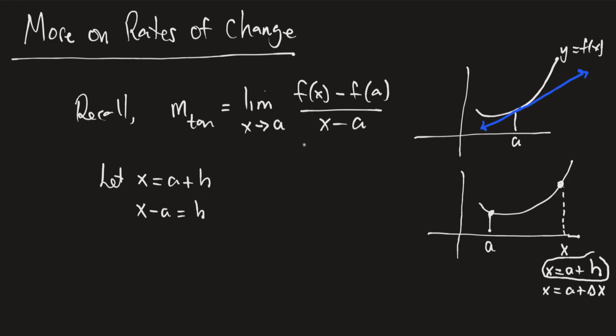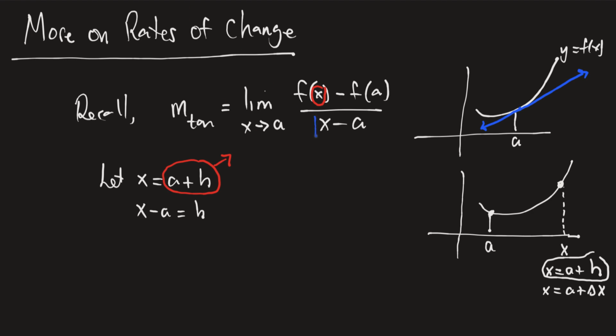So how does that help? Well, let's look at our formula. We have an x here, and I'm going to replace that x with this quantity, right? So that's going to go where the x is. And then also look in the denominator.